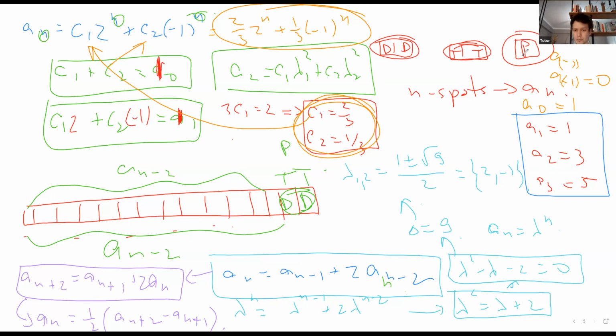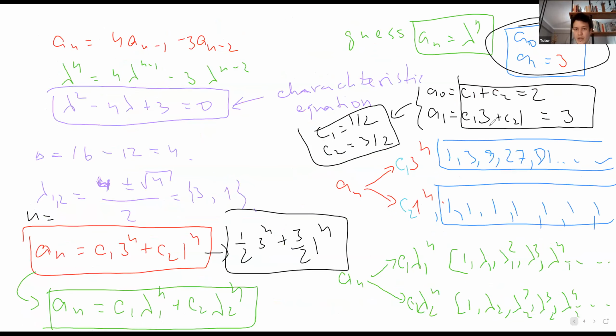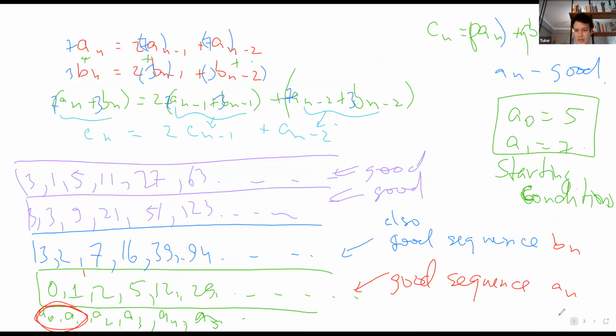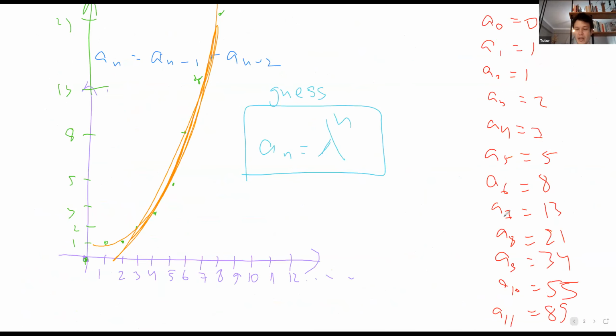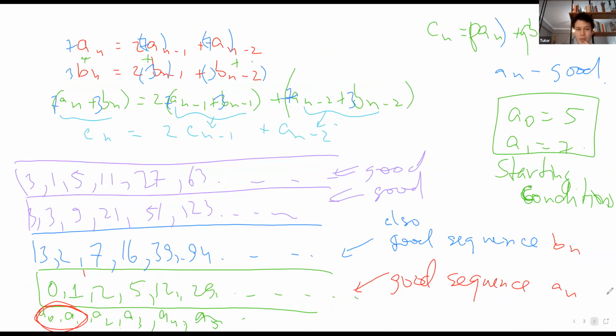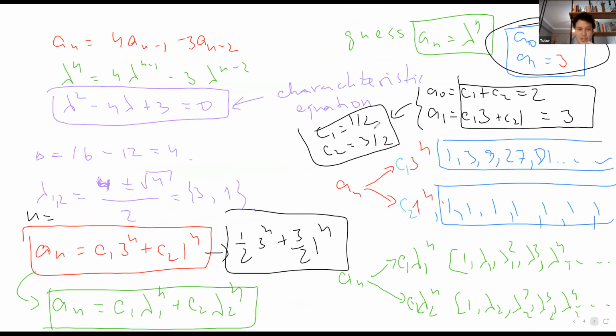Does this make sense, guys? It all comes from this guess, an equals lambda to the n. When we do an equals lambda to the n, there are multiple lambdas. There could be a lambda 1 and a lambda 2. So an has two options, it can be this one or this one. But both sequences are good.